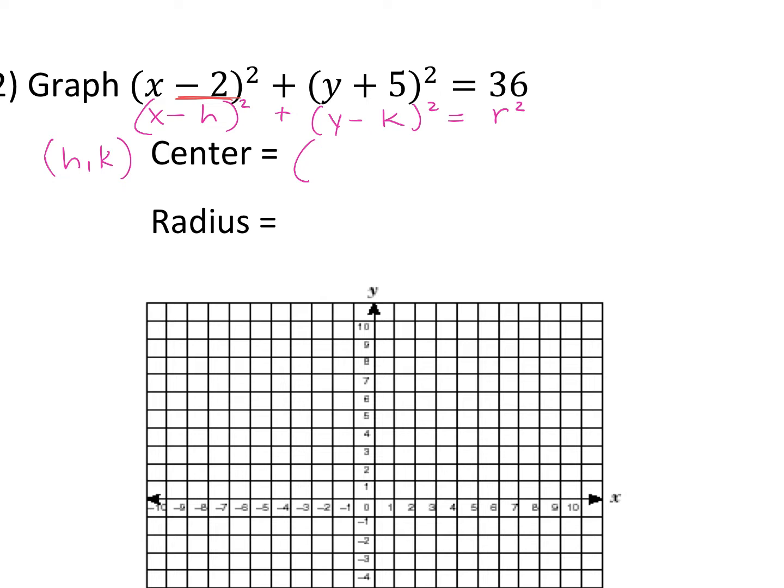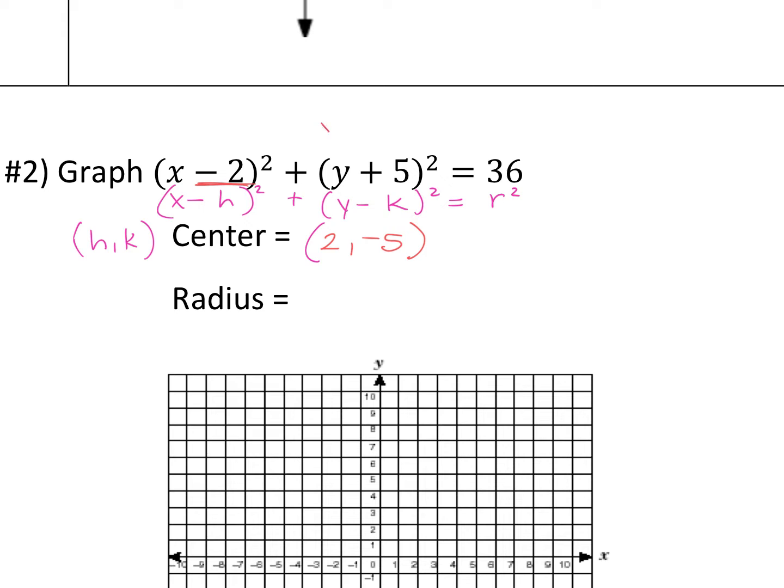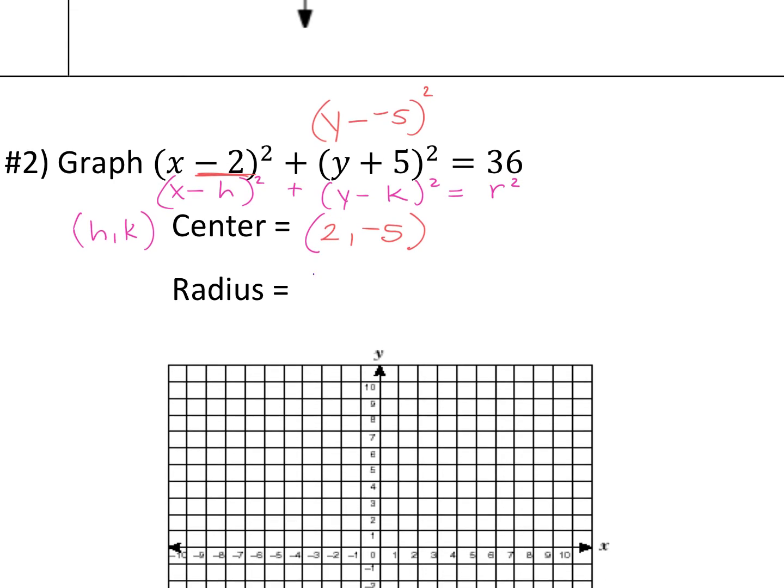So this is actually a +2 and a -5, right? This is basically saying y minus a -5, squared, would be y plus 5. So it's opposite of what it looks like every single time. What is your radius? The radius would be 6. If r squared is 36, take the square root, so your radius is 6.